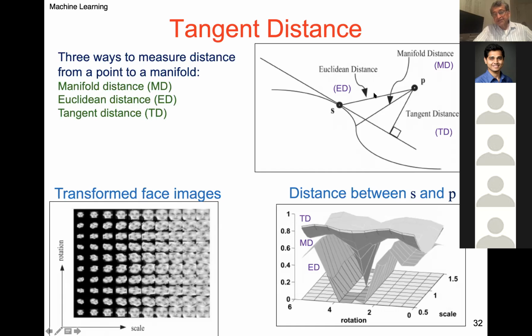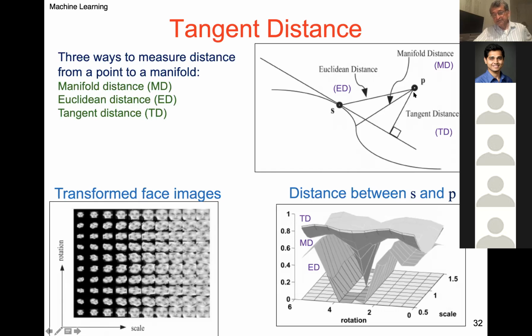Instead of measuring the usual Euclidean distance between these two points, in some set of features you have, we ought to be measuring the distance between that point and the manifold, the closest point in the manifold. So maybe the closest point is this version of the face. It's closest to this. But computing the manifold and finding the distance is a complicated matter.